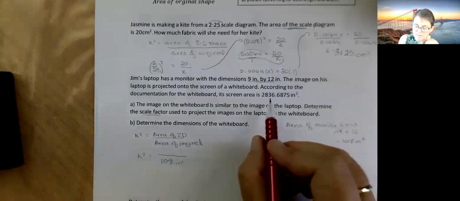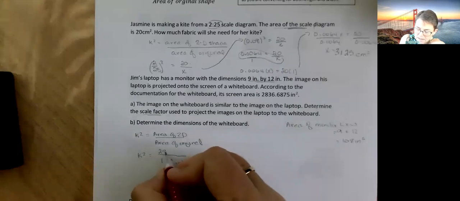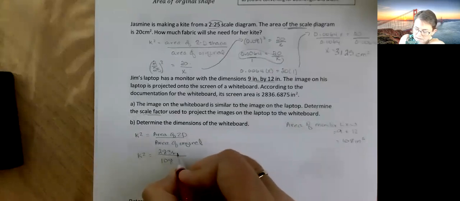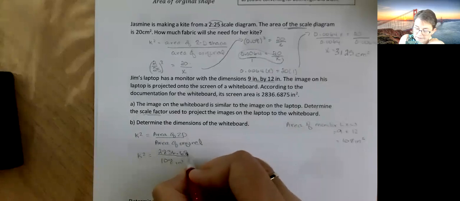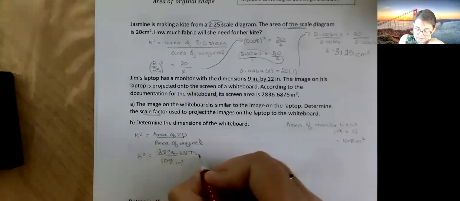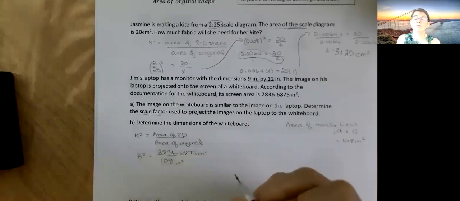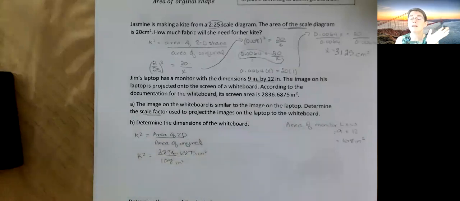And then what we projected is 2836.6875. That seems way too specific for a whiteboard, but whatever.